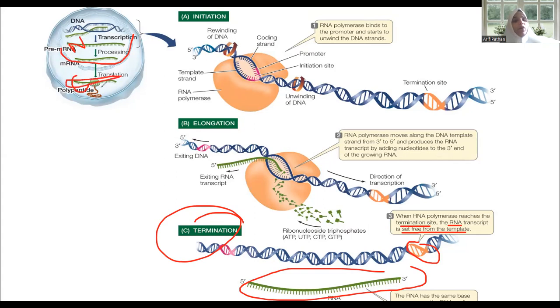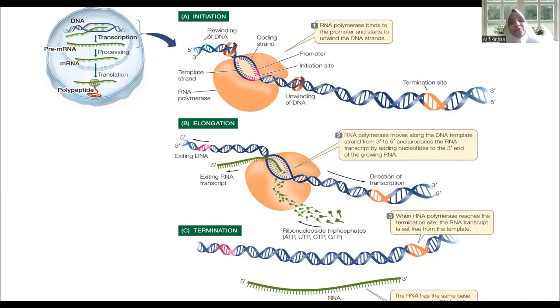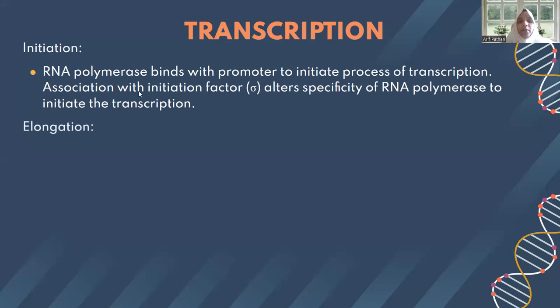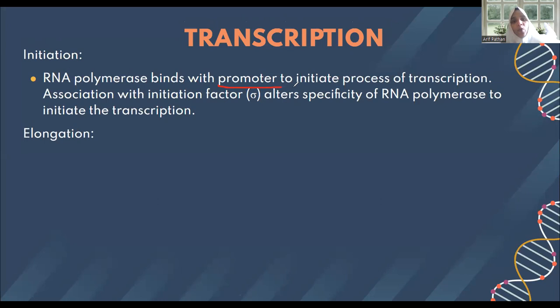Then this mRNA will participate in protein synthesis, and the information will be transferred in the form of protein. So these are the 3 steps that will take place in the transcription process. Okay, let's just go through it. In initiation, RNA polymerase will bind to the place where the transcription will start.